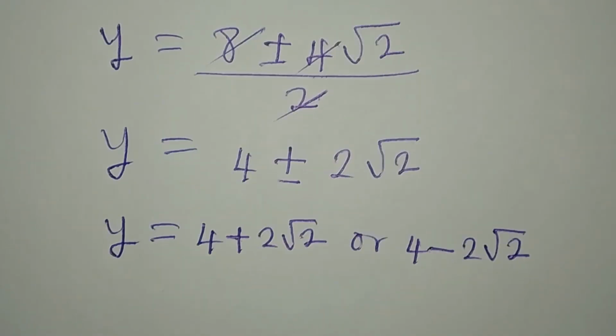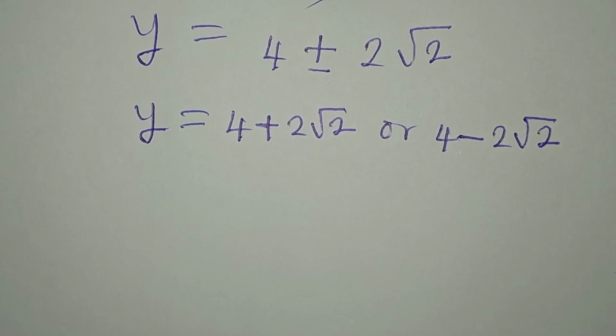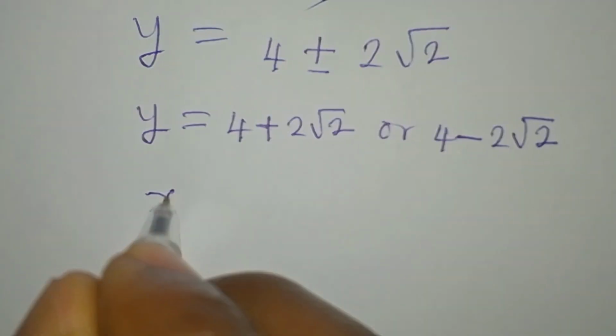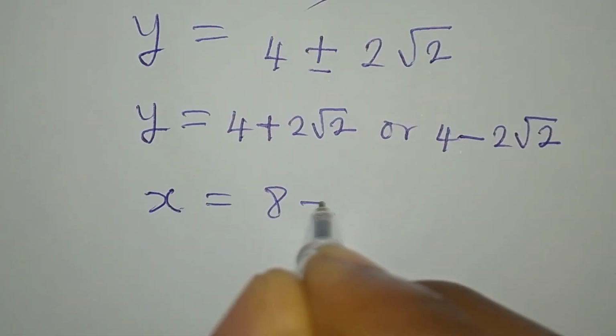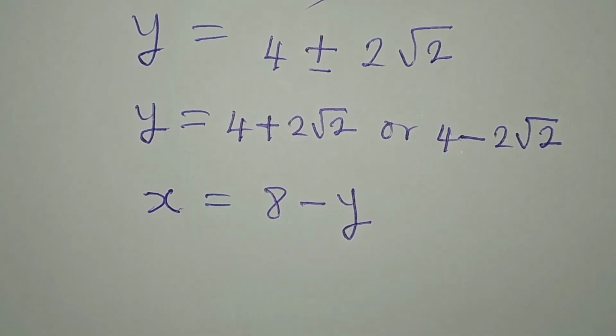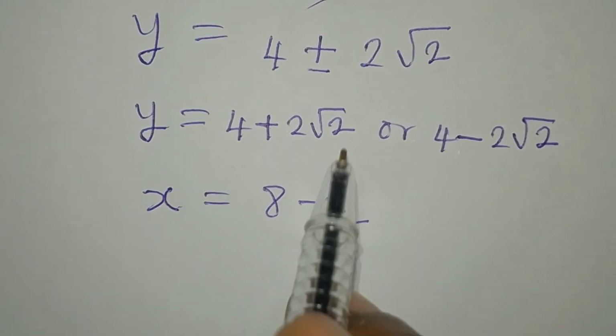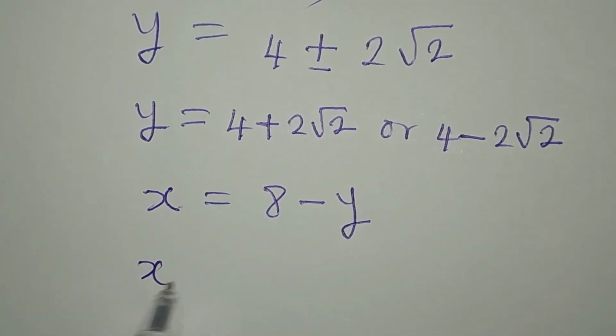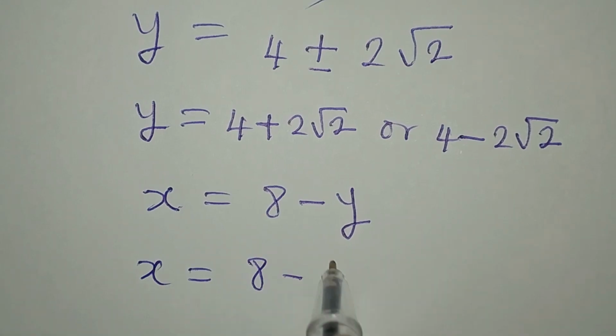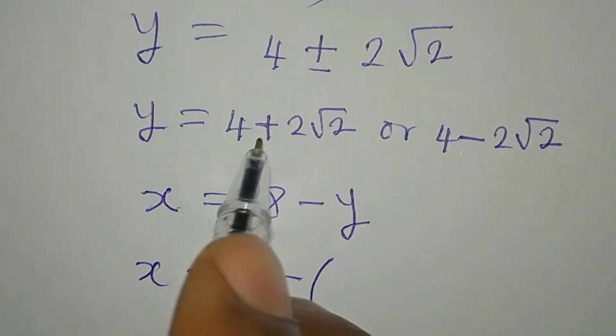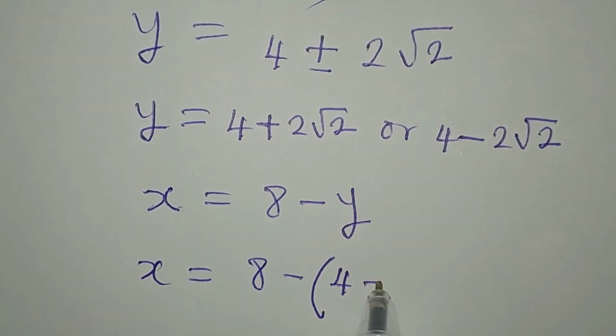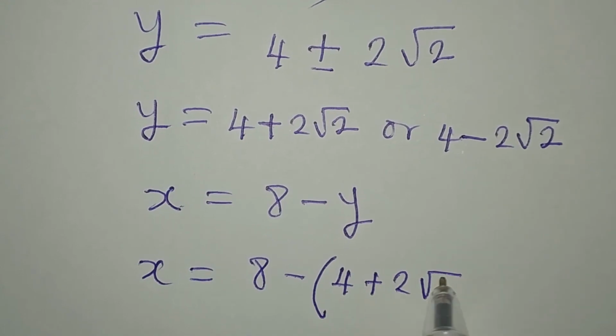Okay, but then remember that we need our equation 3, and it's x equal to 8 minus y. So now that we have the values of y, let's put them. So x will be equal to 8 minus, open bracket, the first value of y is 4 plus 2 root 2.